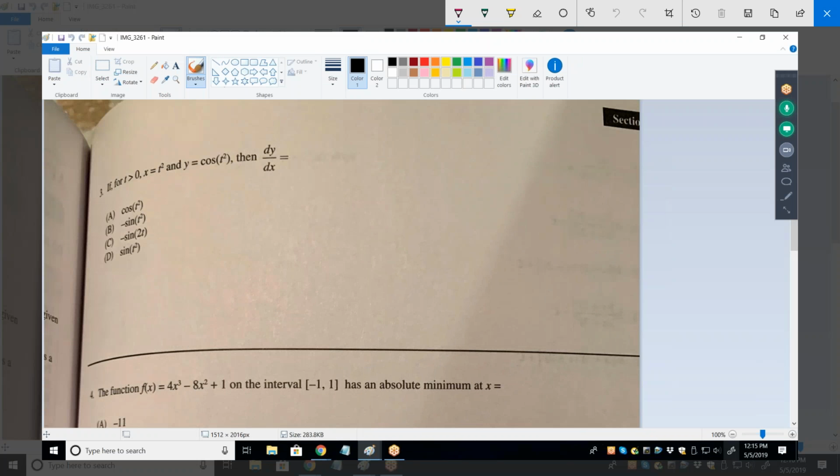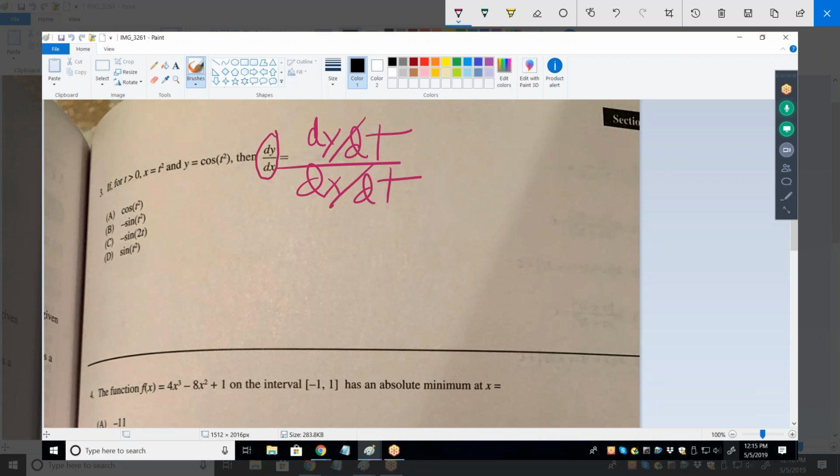So what's that equal to when you are working with parametric equations? dy/dx is equal to dy/dt over dx/dt. Perfect. That's the only thing you have to remember.